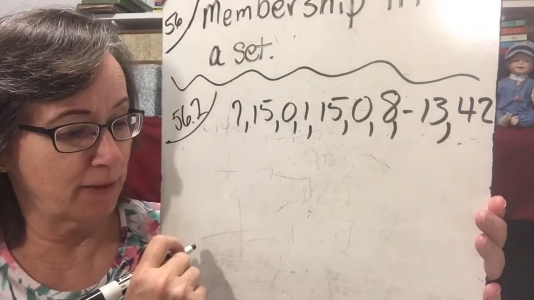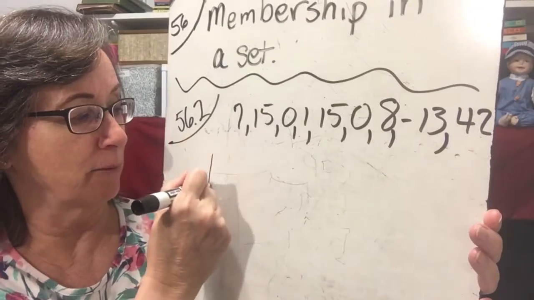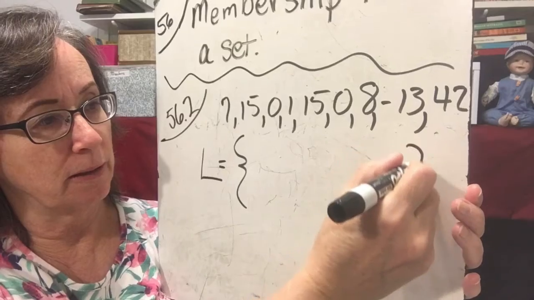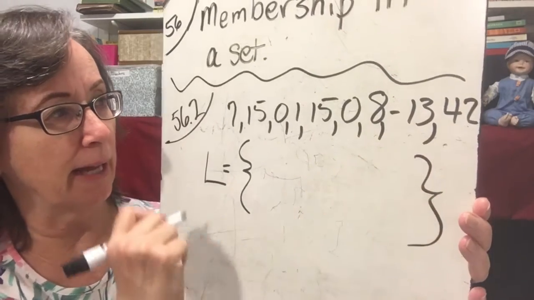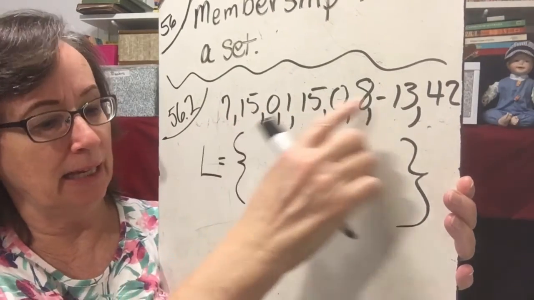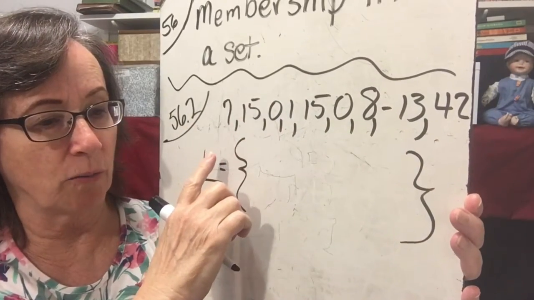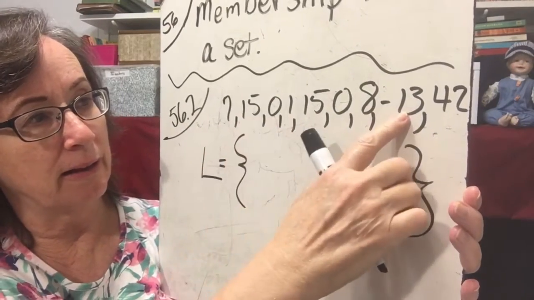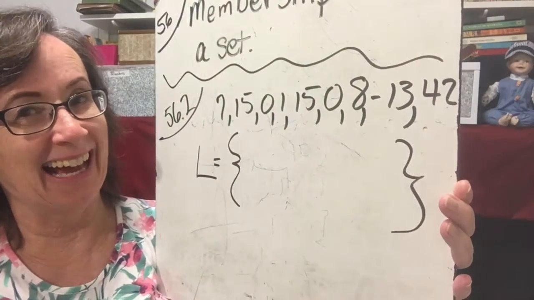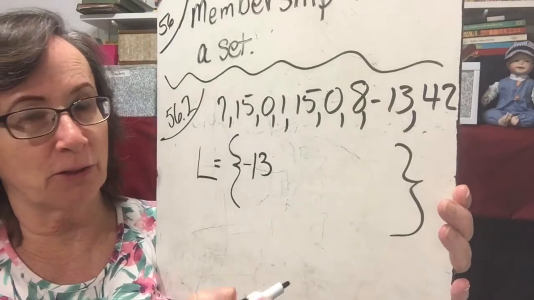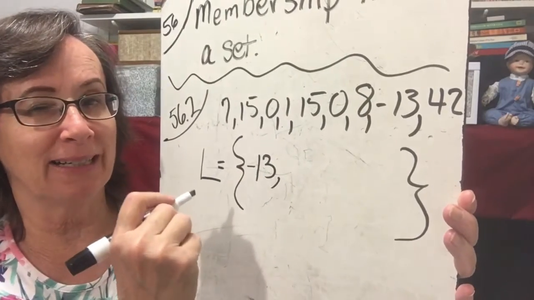Next example, we're asked to describe these numbers as a set. So the set for this one is supposed to be set L. So we'll say L equals, and we'll do our little braces here. Okay, so I see a 7. I'm going to go ahead and start, though, with negative 13. Just because I like to do them in order, you don't have to do them in order, but negative 13, in my mind, is a better way to do it.